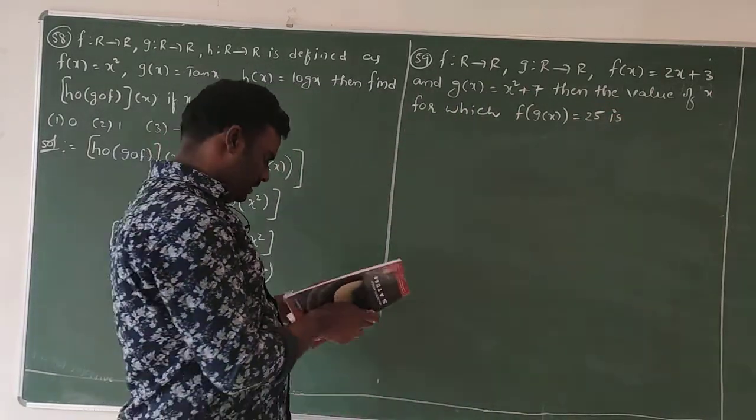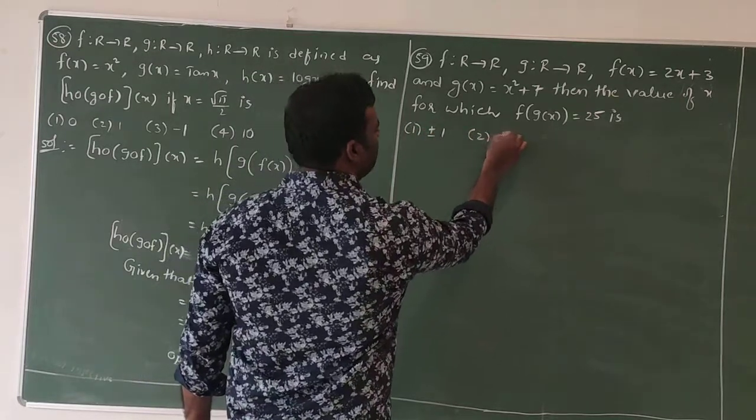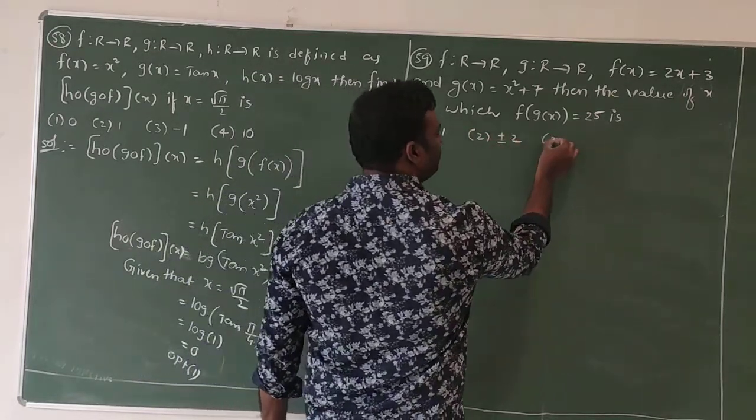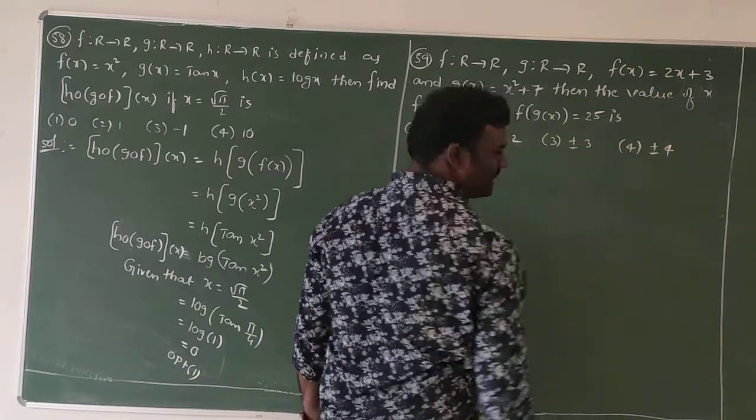Okay, in this first option plus or minus 1, second option plus or minus 2, third option plus or minus 3, fourth option plus or minus 4.